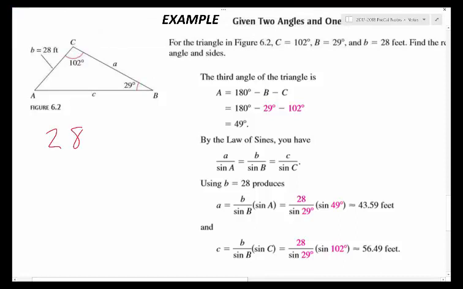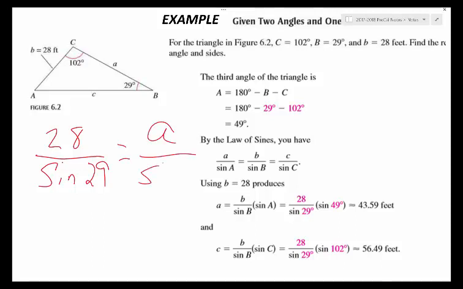I would originally set it up as 28 over the sine of 29 equals a over the sine of 49. Now, when I cross multiply and divide, that's how I eventually get the simplified formula on the right.